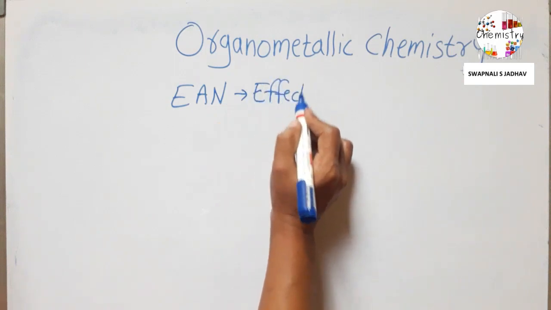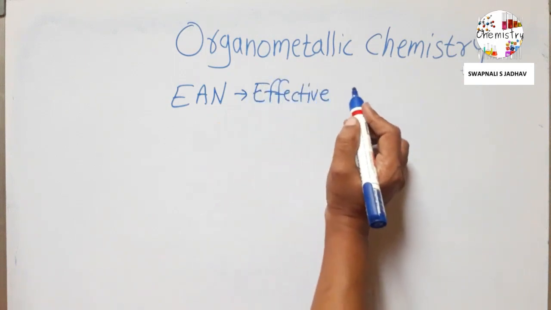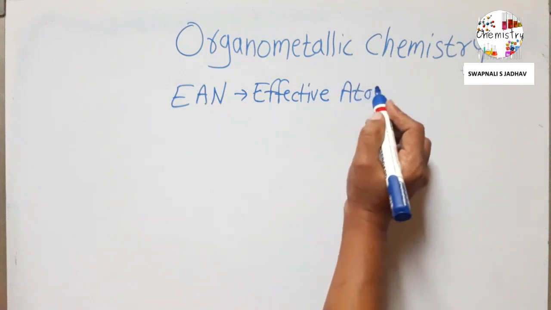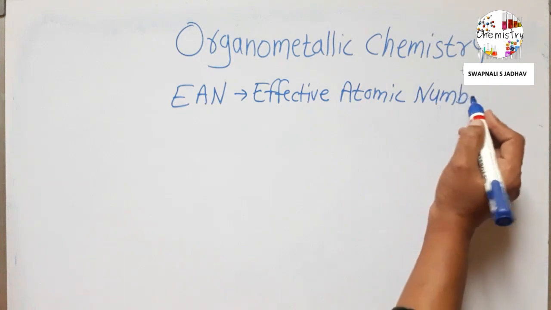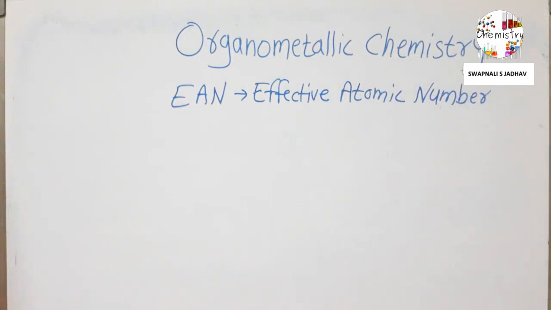Effective atomic number. So what is meant by effective atomic number? The total number of electrons of the metal plus electrons donated by the ligands is known as effective atomic number.